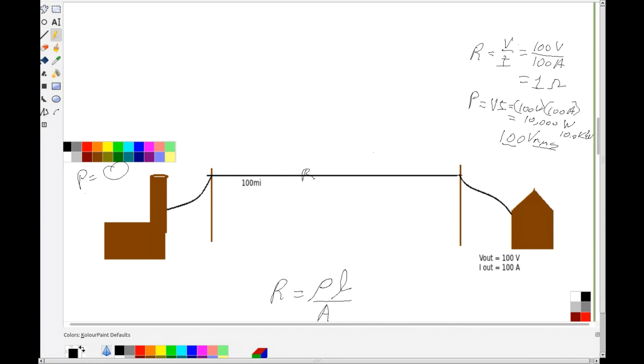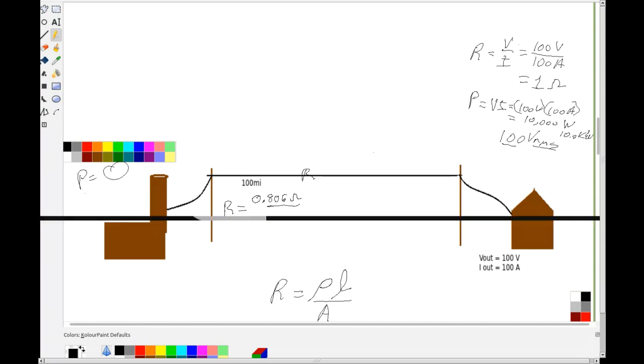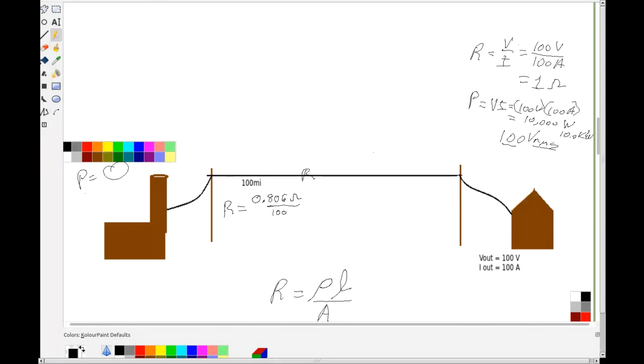The resistance of these wires is 0.806 ohms per 1,000 feet. But I've got miles, so we have to convert.